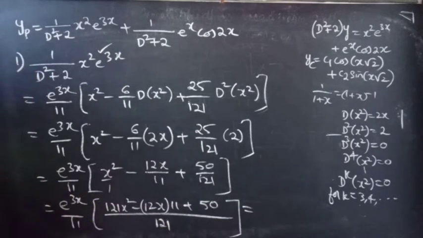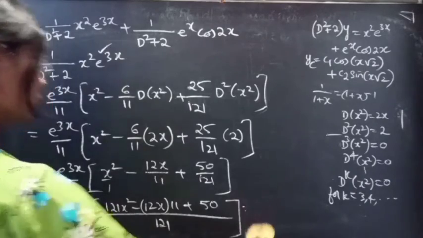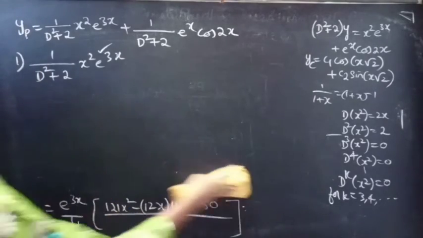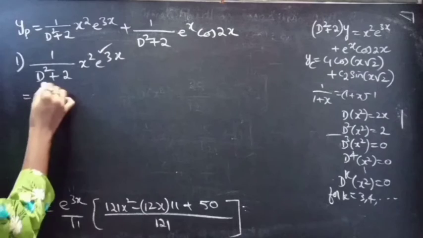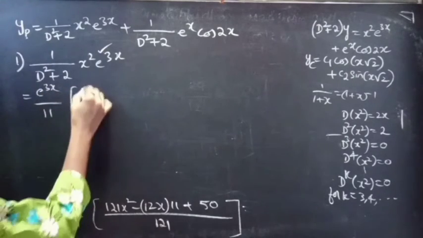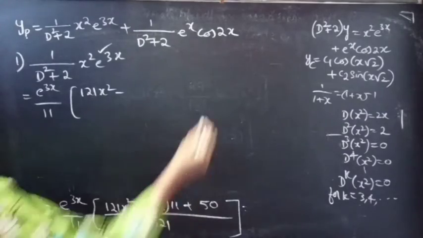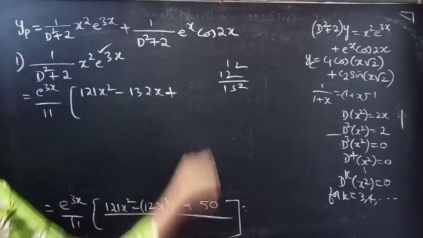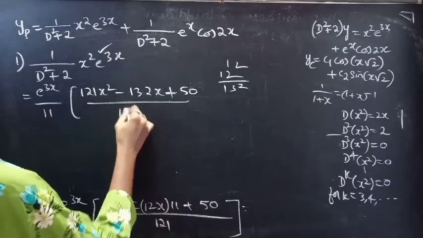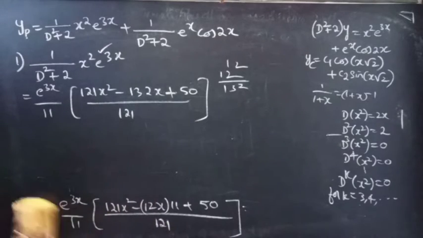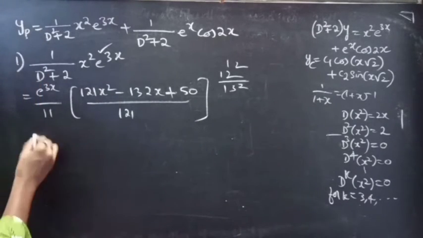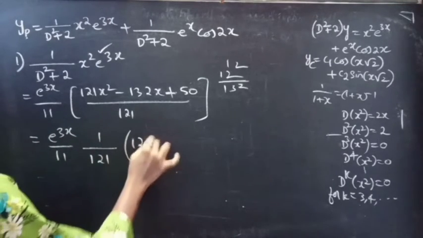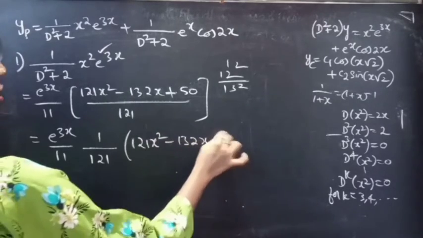This is equals to e power 3x by 11 into (121 x square minus 132x plus 50) by 121. Now split the fraction as e power 3x by 11 into 1 by 121 into (121 x square minus 132x plus 50).